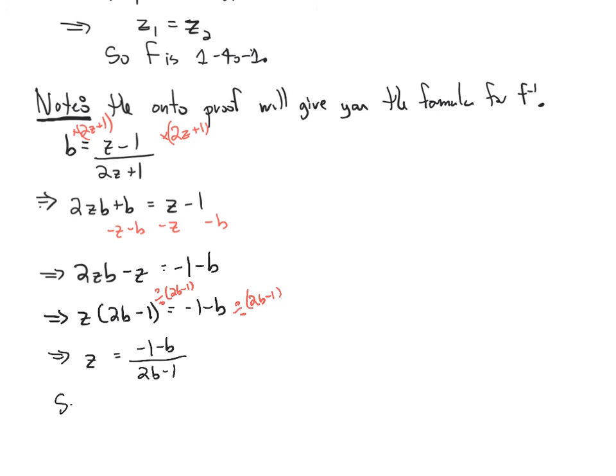So that tells me that f is onto, almost, I'll put a little star here, and the reason is because, well, in this step here we divided by 2b minus 1, so it's except when 2b minus 1 equals 0, which means that b equals a half.